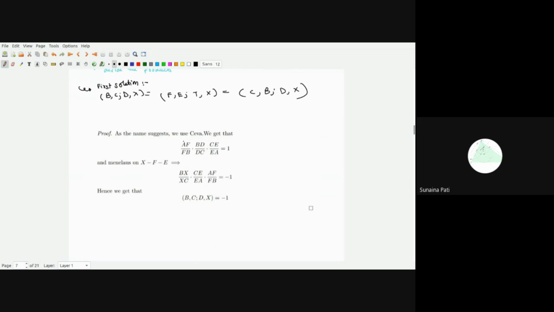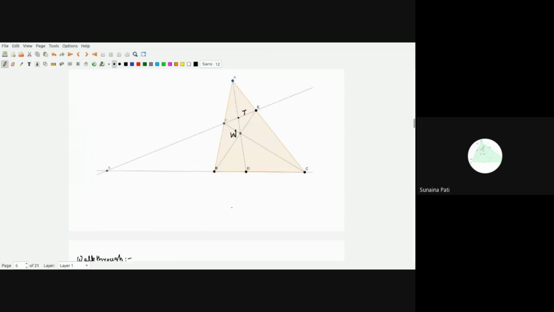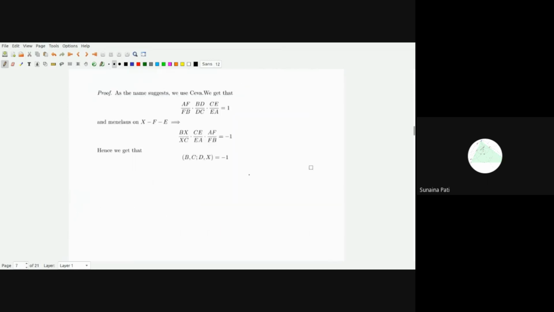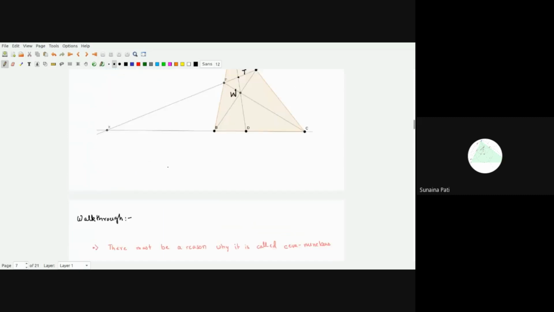So first, we use Ceva on AD, BE, and CF. We get AF into FB, BD into DC, and CE into EA equals 1. And then we use Menelaus on XFE. That's XB into XC, CE into EA, and AF into FB as -1.